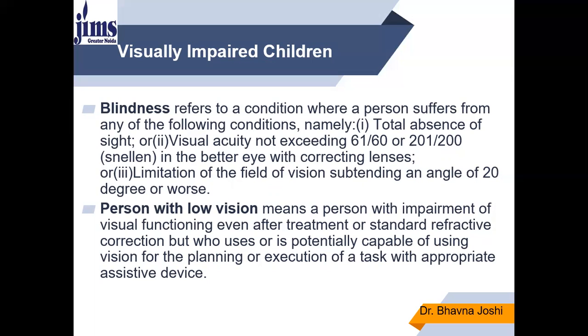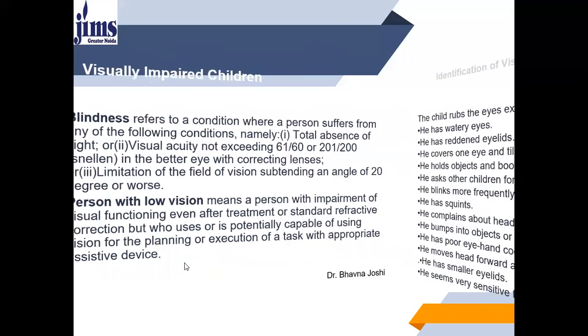That means persons with low vision can do the task with the help of assistive devices, which we will study in our coming classes. And they are able to function after some treatment or standard refractive correction.